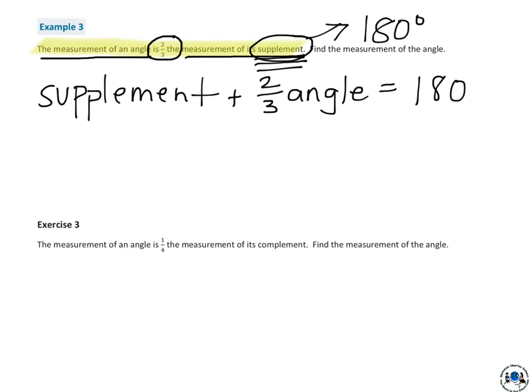Of course, a supplement is not 180, but when we think of supplementary angles. And again, we're just going to use variables here. We could do x plus 2/3 x equals 180.